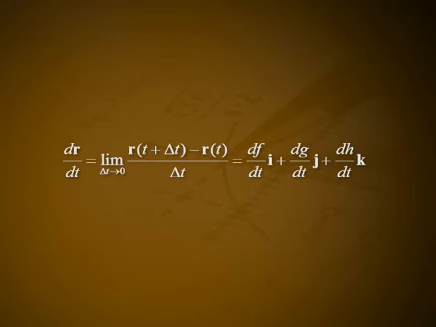At any point t at which it is differentiable, its derivative is the vector dr by dt equals limit as delta t tends to 0 of [r(t + delta t) − r(t)] by delta t, which equals df by dt i plus dg by dt j plus dh by dt k.